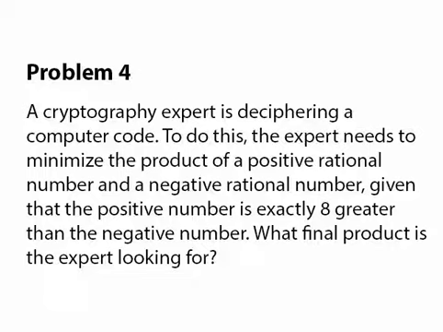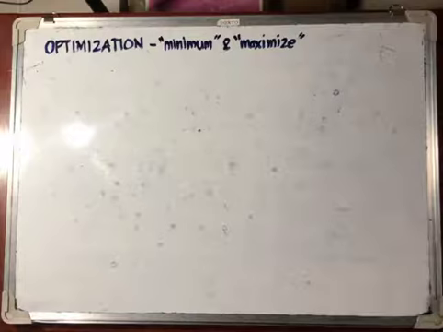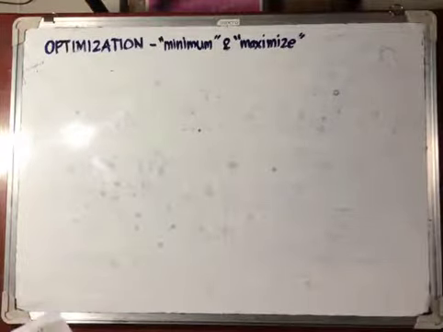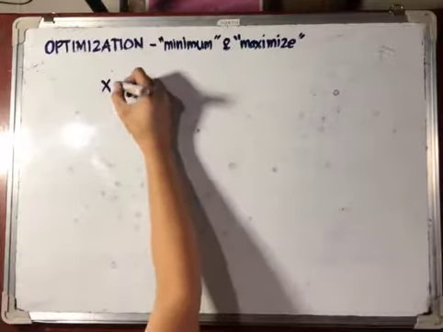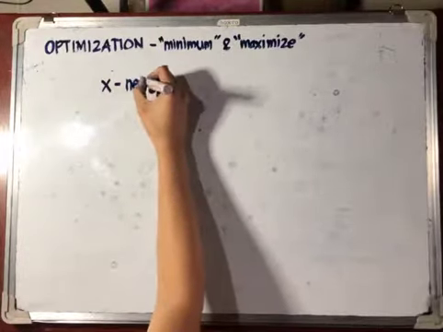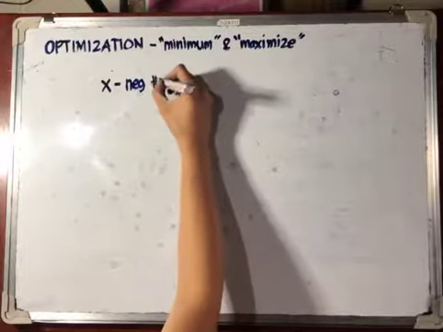Okay, so we have a problem here that would like us to find two numbers. One is negative and one is positive, and the positive number is 8 more than the negative number. Since we don't know what the negative number is, we can set it as x.